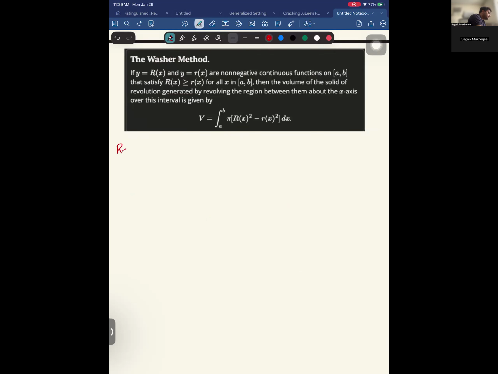Did you mark? If r(x) is 0, you get the disk method. So meaning that this washer method is a generalized version of the disk method, right?